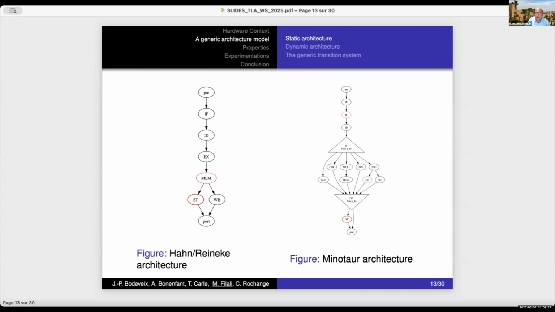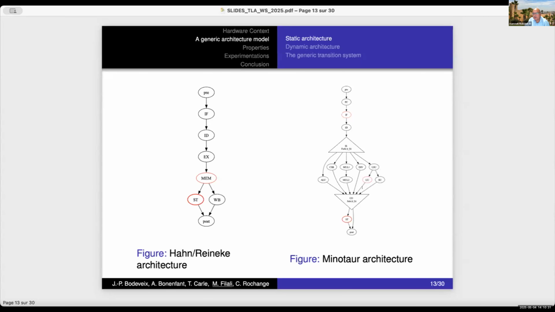To illustrate these aspects, this is the first architecture, and so here we have the acyclic graph of stages, and here this is what we usually call a join node, that is, it joins between different stages, but this is not a true join node because this is the last node of the pipeline. So in this architecture, we consider that we do not have join nodes. In the Minotaur architecture, it is more complex.